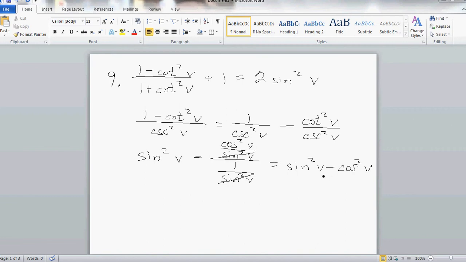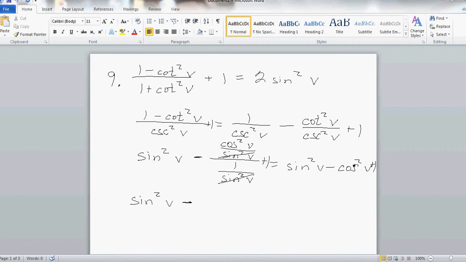And so what we can do here is, oh, I'm forgetting the 1 at all times. So plus 1, plus 1, plus 1, and plus 1. And so if we do just a little bit of a manipulation of this, we get cosine squared of v minus, okay, cosine squared of v.